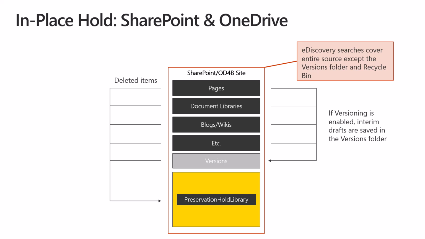We talked about data being stored within those repositories, whether it's Exchange for chat or SharePoint for content. But the way that the versioning works under the covers is there are multiple different folders within a OneDrive for Business or a SharePoint site.